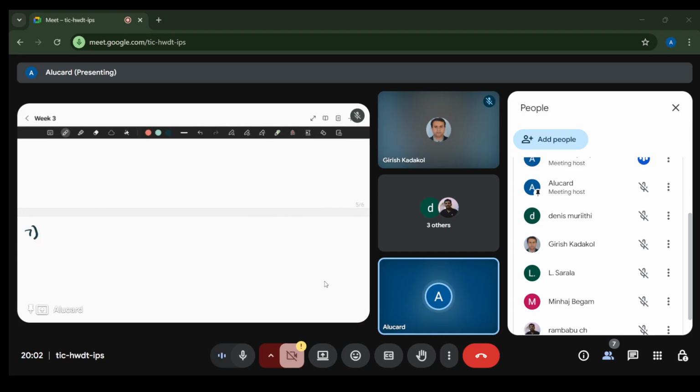Question number 7. Consider a cellular system with hexagonal cells and a cluster size of 3.